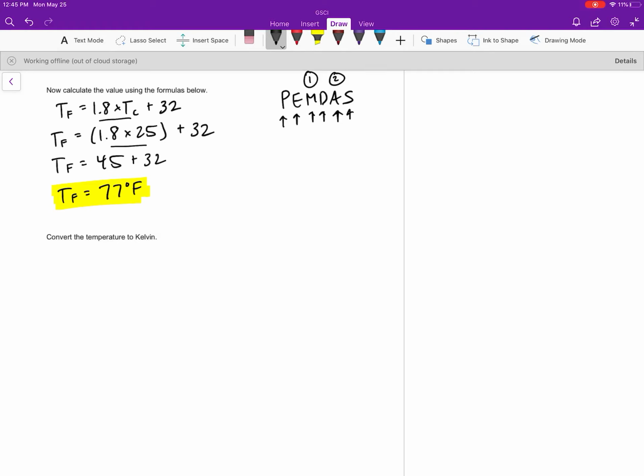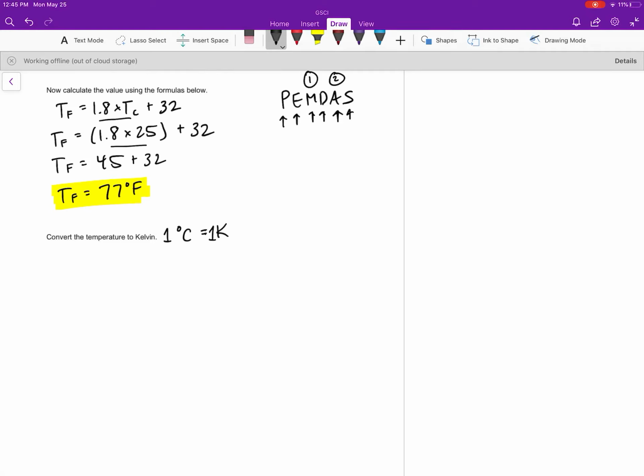So Fahrenheit to Celsius is not one-to-one, meaning if I increase the temperature by 1 degree Celsius, it doesn't increase Fahrenheit by 1 degree Fahrenheit. It's an unequal incremental increase. But Celsius to Kelvin is proportional. So if I increase 1 degree Celsius, I'm going to increase 1 Kelvin.